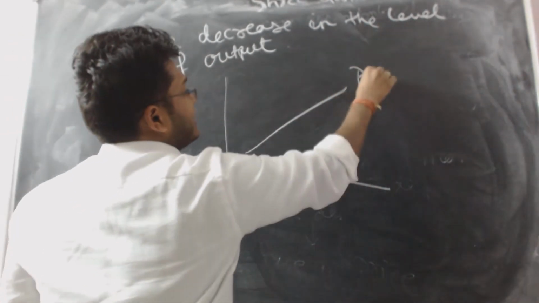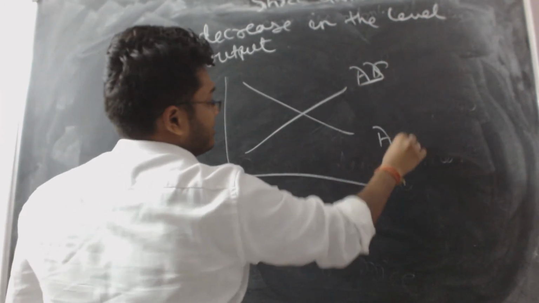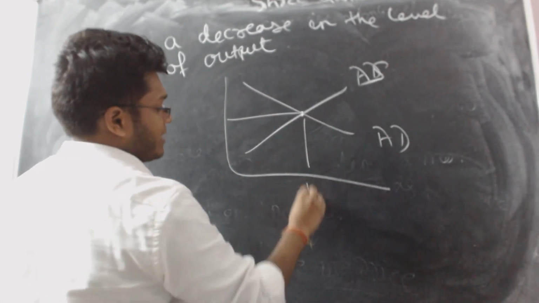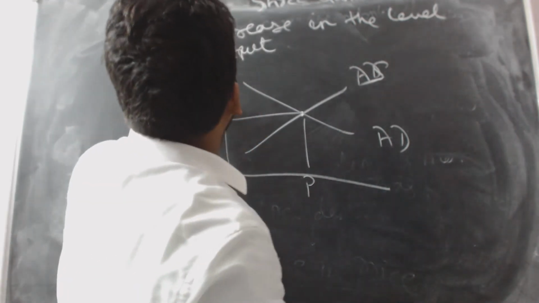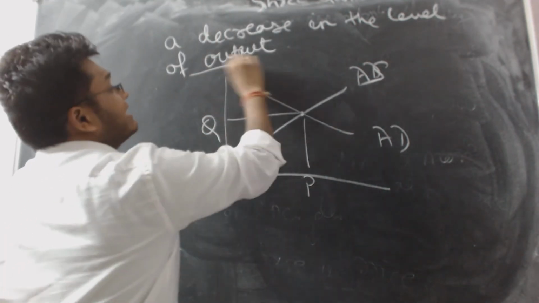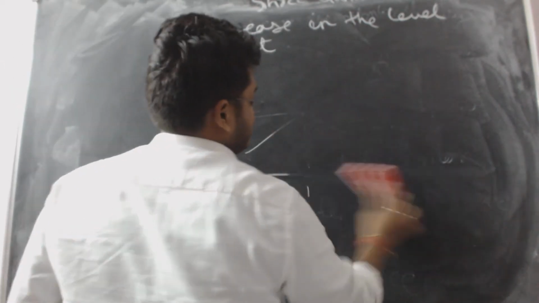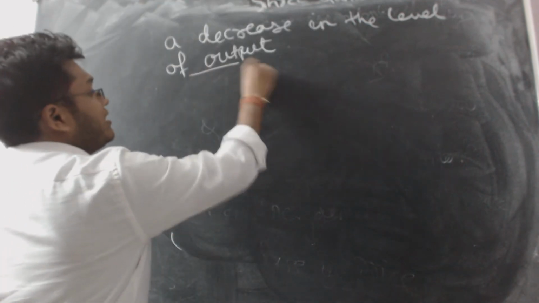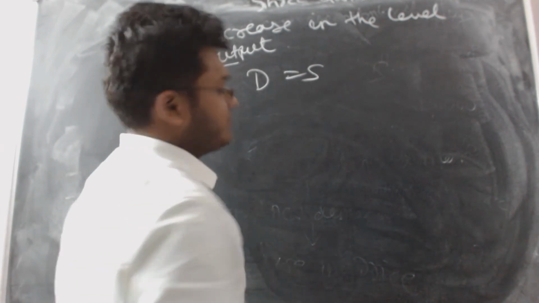So this is your aggregate demand curve and aggregate supply curve. This point will give you an equilibrium price and equilibrium quantity at which your economy operates. Now what this option is saying is that there is a decrease in the level of output. So what will happen? Just look at the equation. Earlier demand was equal to supply. D represents demand, S represents supply.